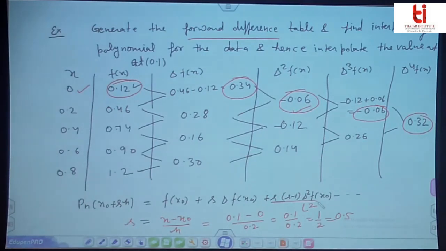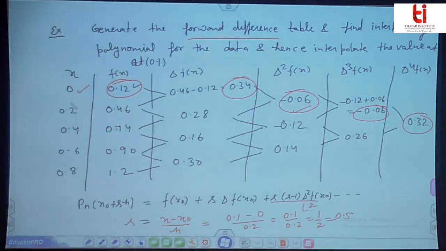So just put all the values into the formula and get the result. Next is the difference between the forward formula and the backward one, and when to apply each. Whenever we have to compute a value from the forward side of the data, we use the Newton forward formula. If the value we have to evaluate is from the downward side of the data, we use the Newton backward formula.